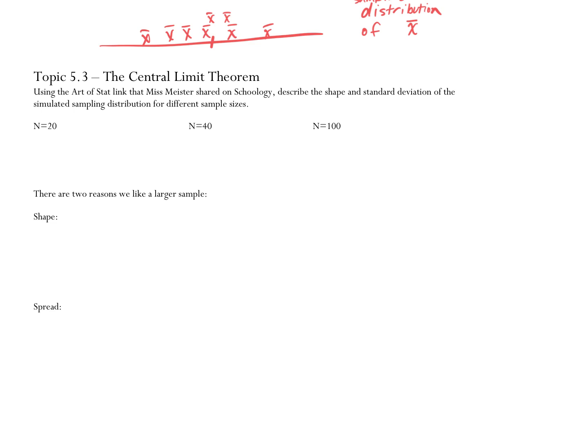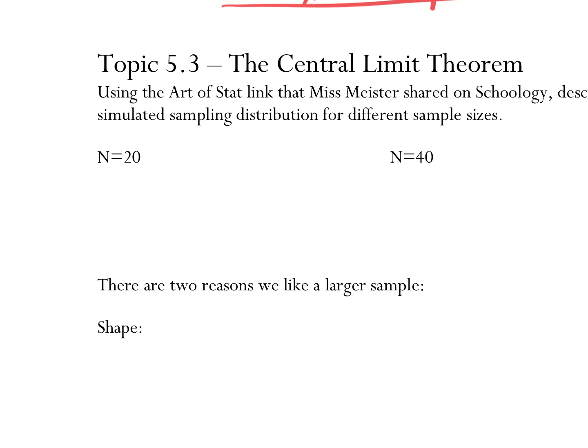All right, now here's what I need us to do. You guys describe to me, when n was equal to 20, what was the shape of the graph? If you click on the show normal approximation, yeah, I'm going to go with pretty close to normal.